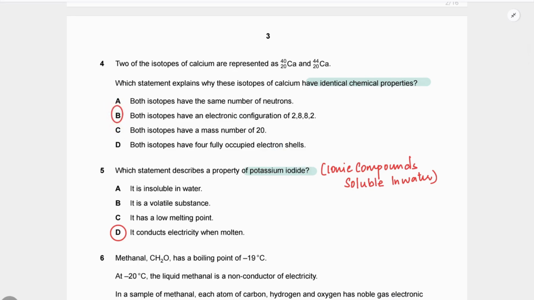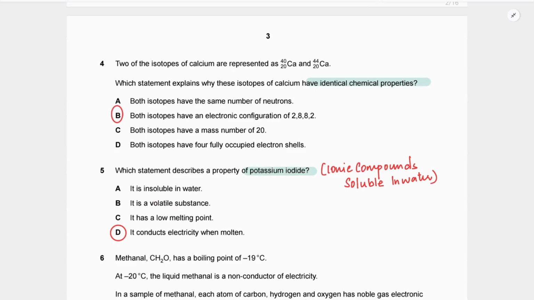Fifth question. Which statement describes a property of potassium iodide? Potassium iodide is an ionic compound and it is soluble in water. It is insoluble in water, which is incorrect because it's soluble in water. It is a volatile substance? No. Volatile means showing a property like alcohol, which evaporates, but no, volatile is not the answer.